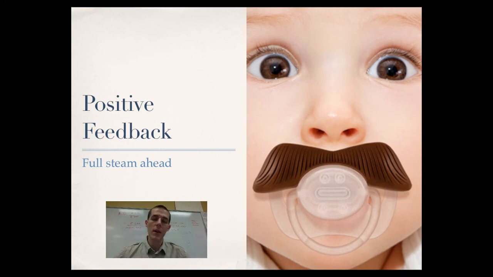That pressure against the cervix causes the uterus to contract, which pushes the baby even harder against the cervix, which causes the uterus to contract more. So this is trying to drive the process of childbirth through to completion, which is obviously birthing the baby. Just know that a positive feedback control is like rolling down a mountain, where the further down the mountain you go, the faster the process runs.